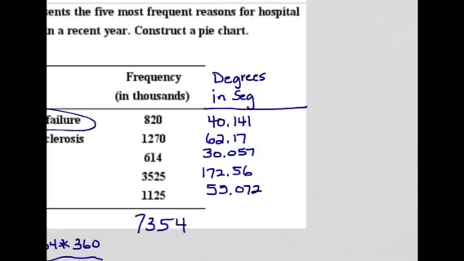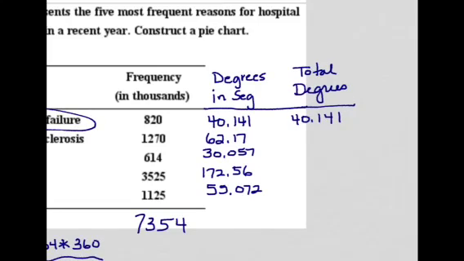And this is going to be the total degrees up to that point. So what I really want to know is, first we had congestive heart failure. Well, that wanted to be right at 40.141 degrees.